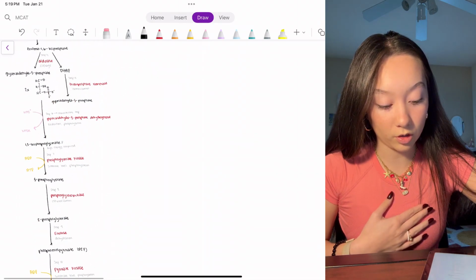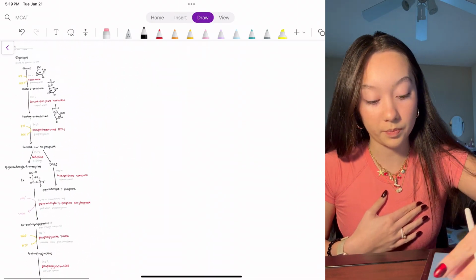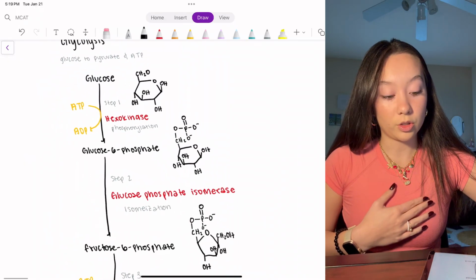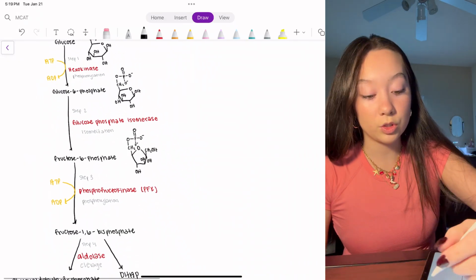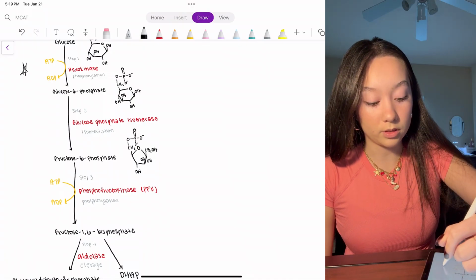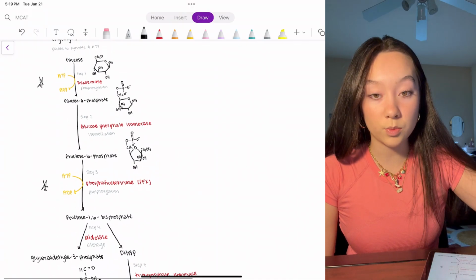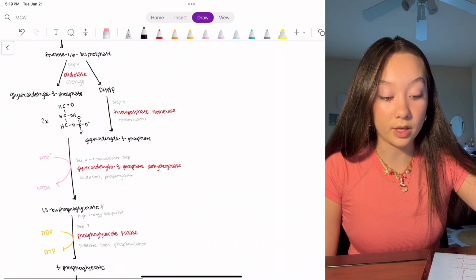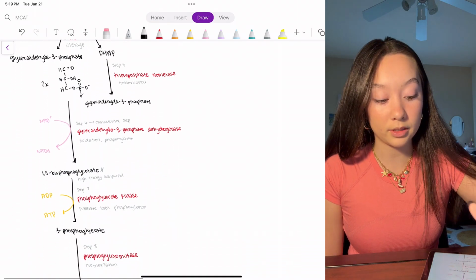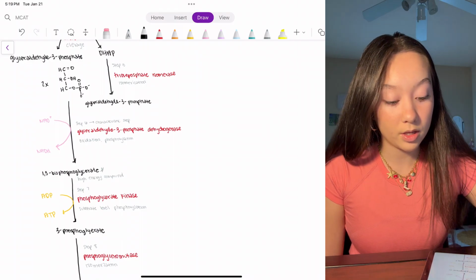And so let's look at our overall scheme that we have here. Glucose comes all the way down, and we invested 2 ATPs here. So 2 ATPs gone. Now, once we get down to our energy payout phase, this starts at kind of step 6, our characteristic step.